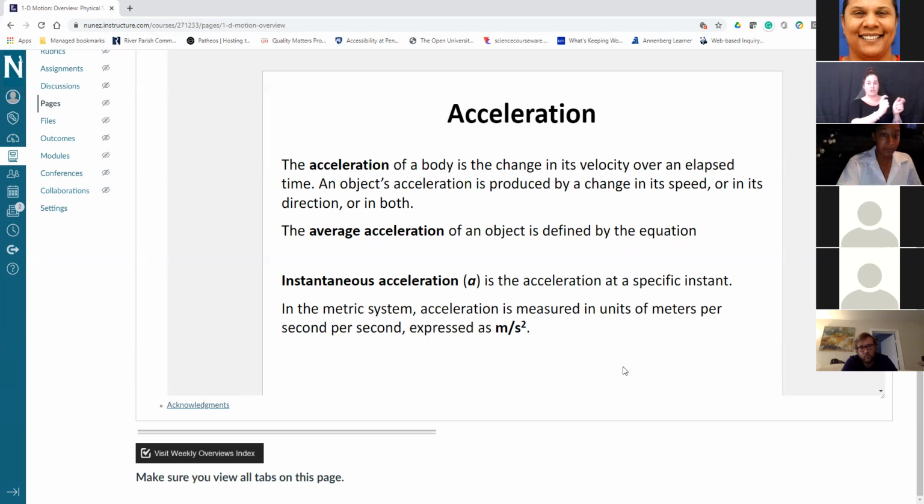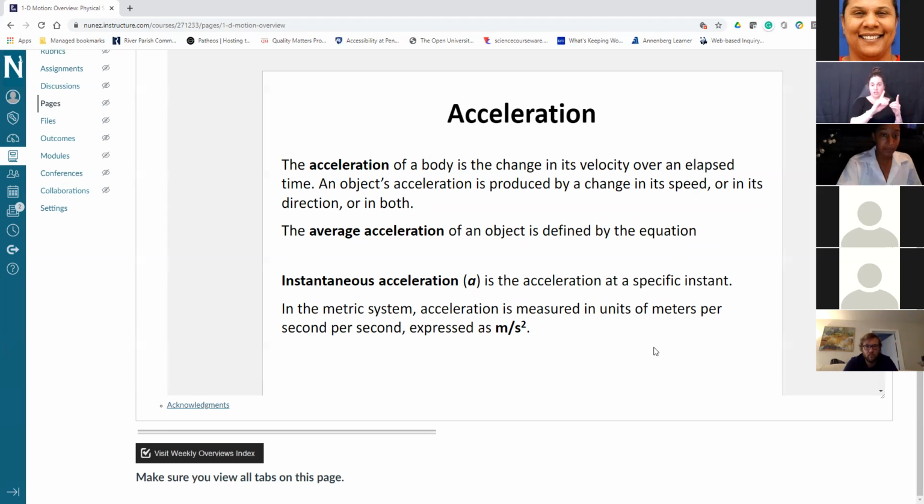Okay? So velocity looks at how displacement changes per unit time. Acceleration looks at how velocity changes per unit time. And you have to think about this. How can I change an object's velocity? Well, since velocity has two parts, speed and direction, if I change the object's speed, I accelerate.